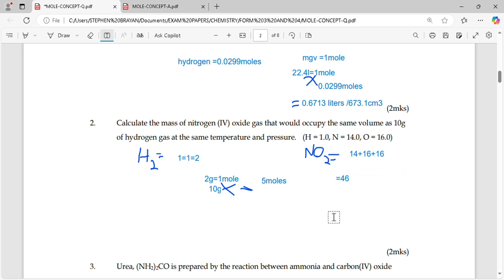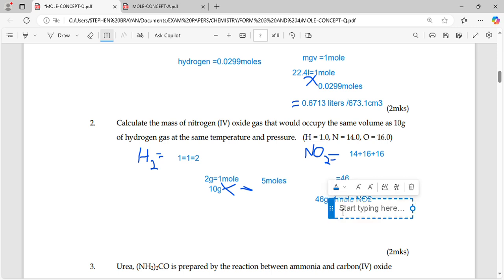So because my total RFM is 46, and remember, this 46 is the one that produces 1 mole of nitrogen oxide gas. So you say, if 46 grams is produced by 1 mole of NO2, what about the 5 moles that we formed here?